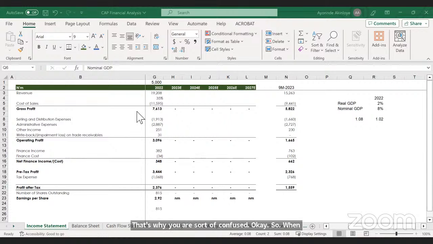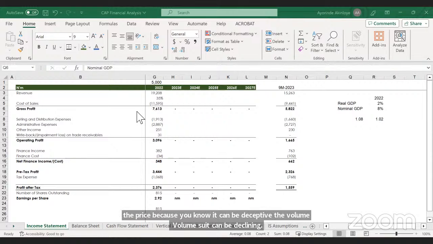when you download the GDP reports, you would see real GDP and nominal GDP. Real GDP basically measures growth in volume. That is growth in actual goods and services produced, not the price. Because you know it can be deceptive. The volume sold can be declining, whereas the company is just increasing price.